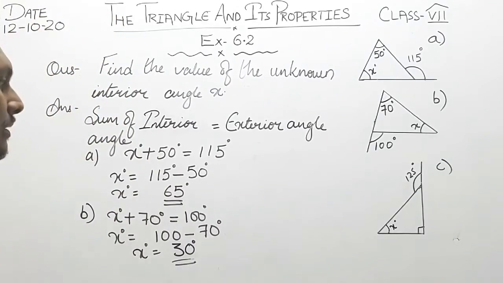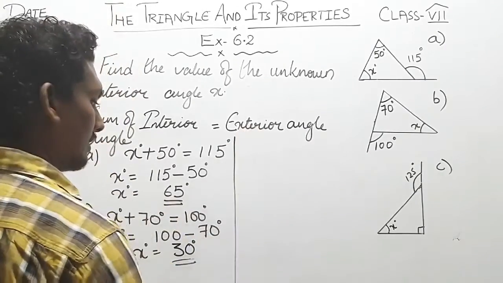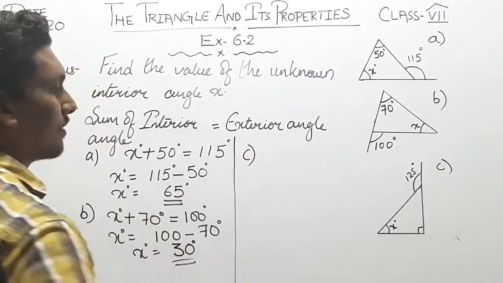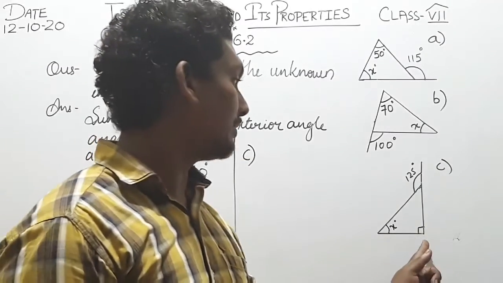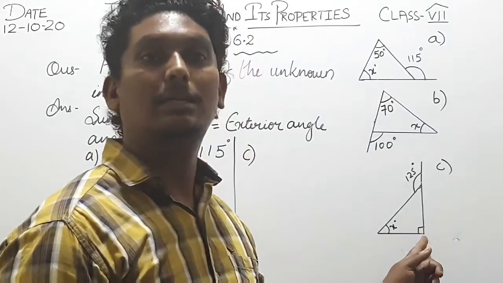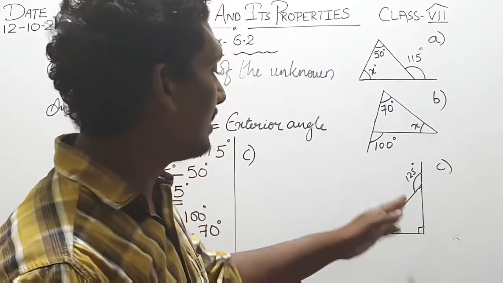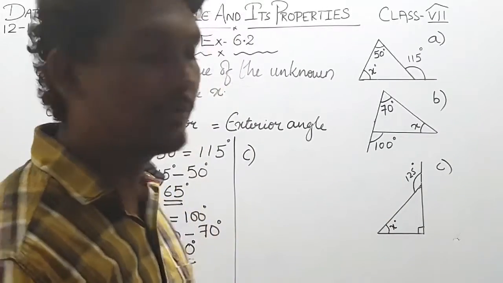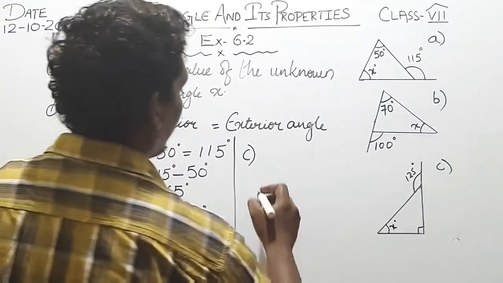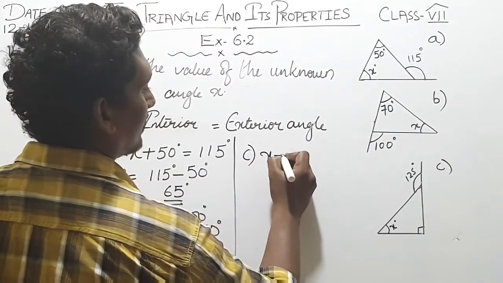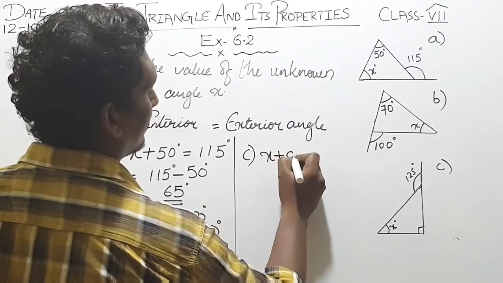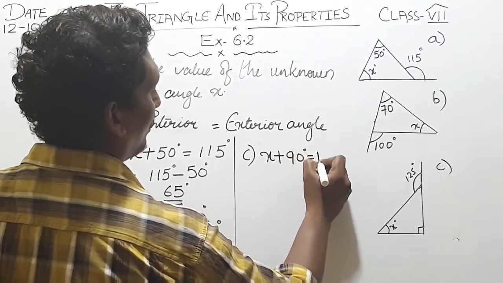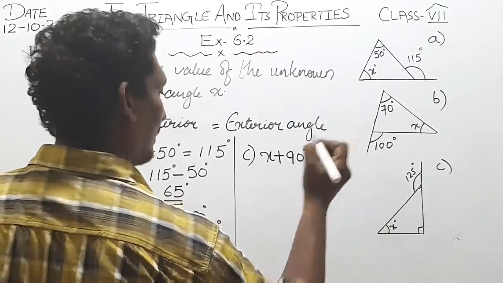Now come to the next, the C part. I am writing it here, this side. If you see the figure, this is the 90 degree symbol. The 90 degree is not written there, but you have to see the figure and understand. So x plus 90 degree is equal to 125 degree.